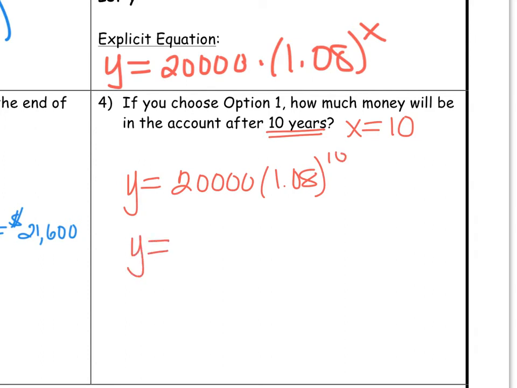When we do the math, we get $43,178.50. So your original $20,000, with compounded interest, you gained an additional $23,178.50, leaving it in there for 10 years.